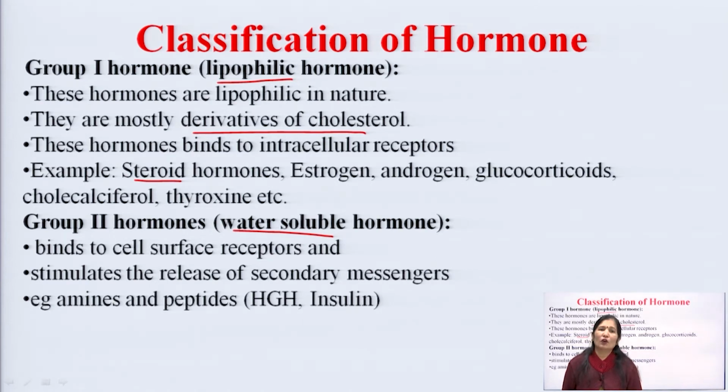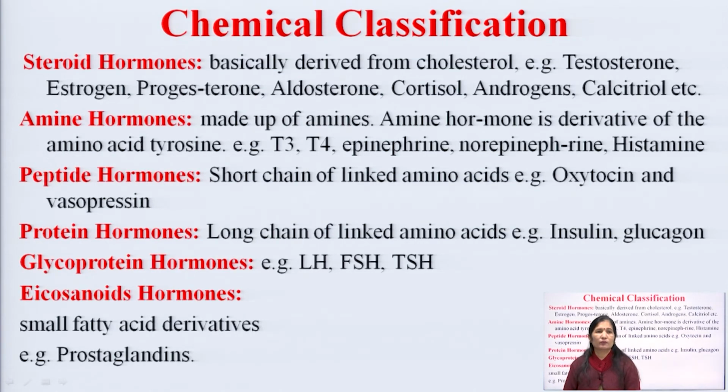Receptors for water soluble hormones are present on the cell surface, and they stimulate release of secondary messengers. Examples are amines and peptides like human growth hormone and insulin. These are a few examples of water soluble hormones.